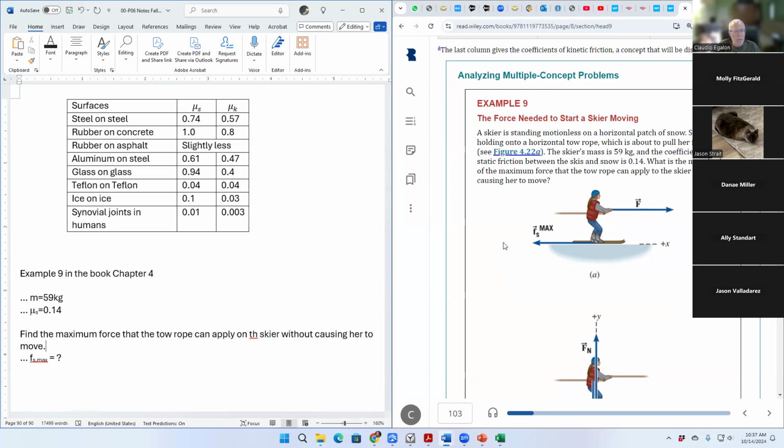Which basically means finding the maximum value of the force of static friction. That's what it's all about. So let's go to the solution.